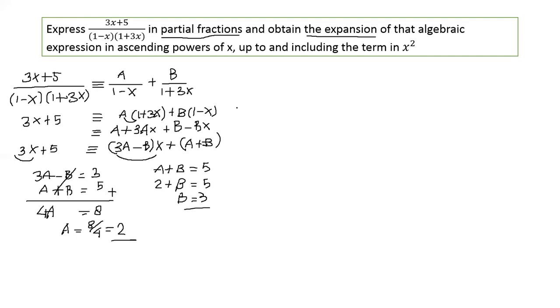Now the partial fractions become (3x + 5) over (1 minus x)(1 plus 3x), identical to, based on this rule, 2 over (1 minus x) plus b, how much?